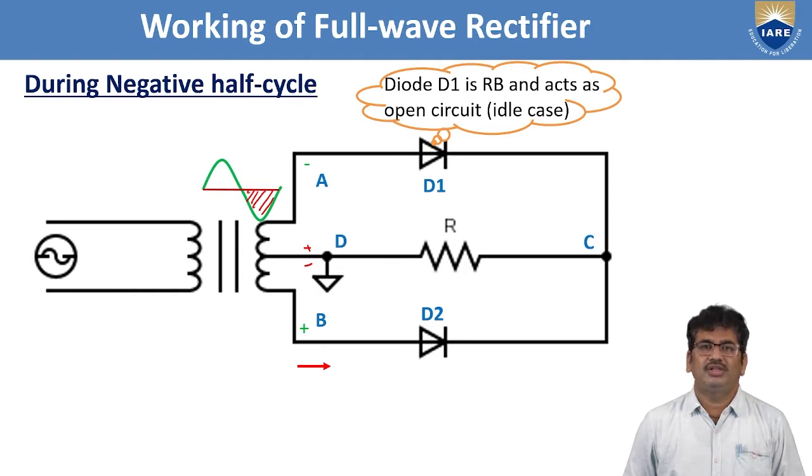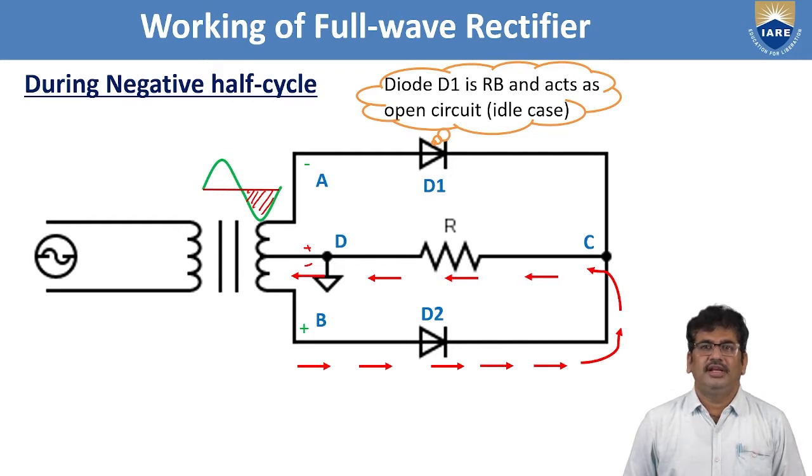The current will start from the positive potential in the lower section circuit, that is node B. Then it will flow through diode D2, then reach node C, then resistance R, then node D, and it will end at negative potential.